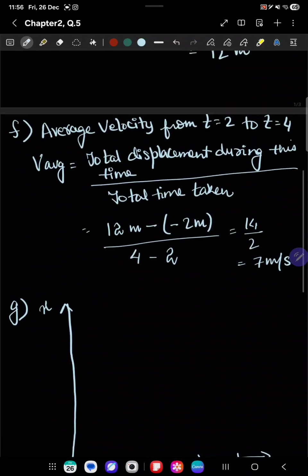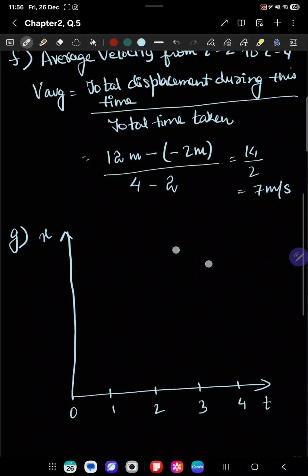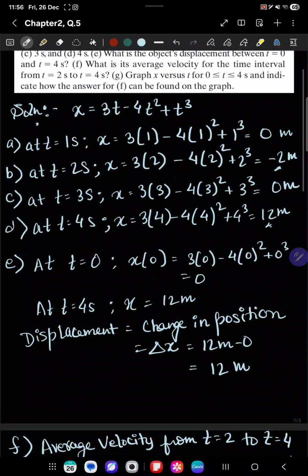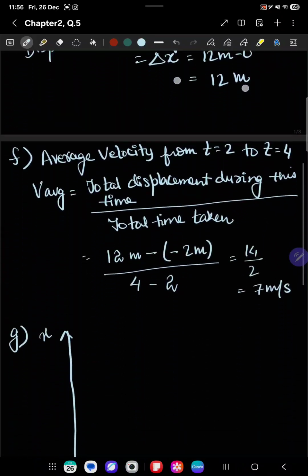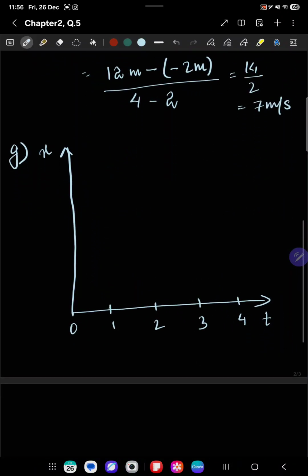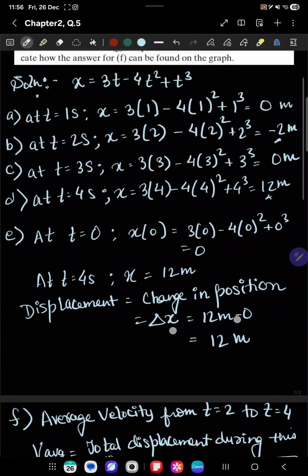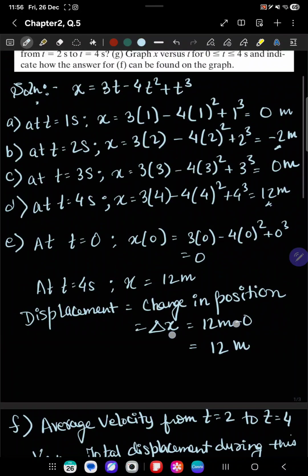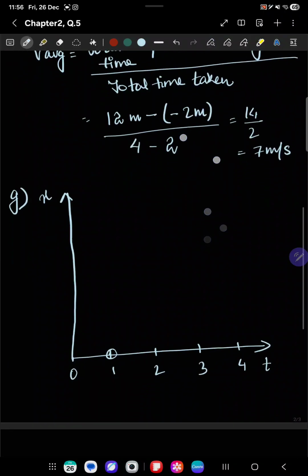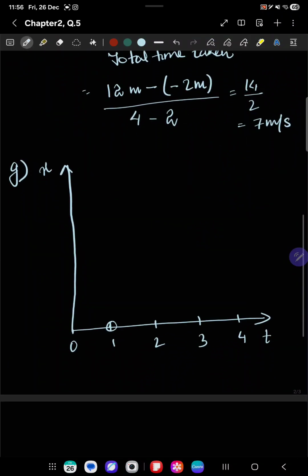We have already calculated the value of x. So at t equal to 1 second the displacement is 0, right? So this is 1 point, second. At t equal to 2 second x is -2.